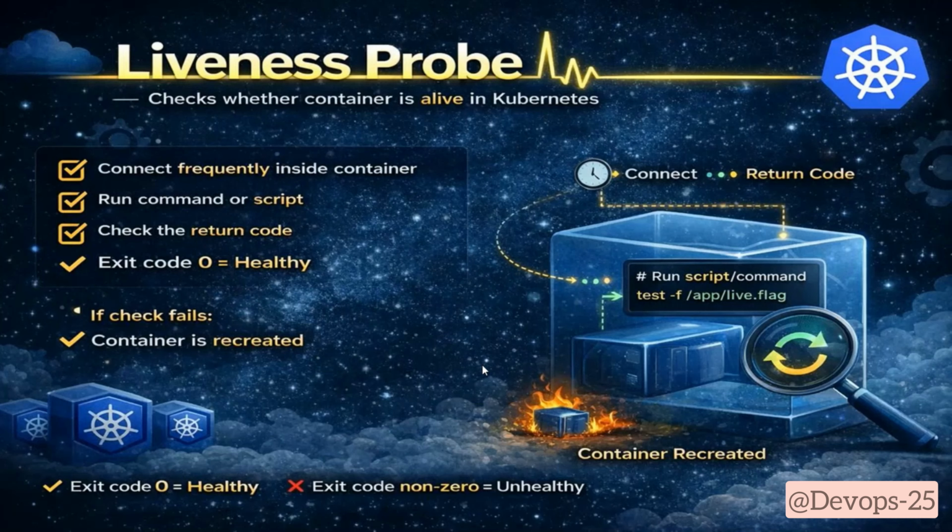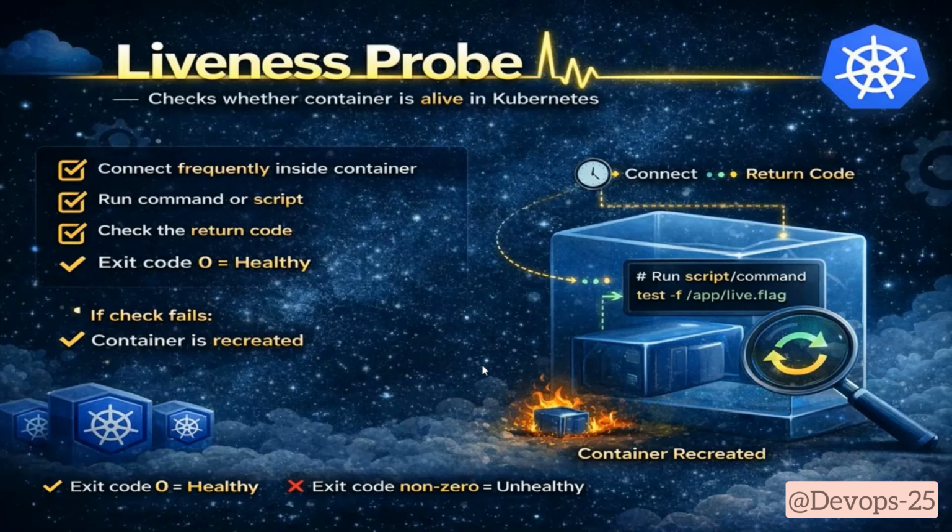Despite the pod showing as running, users start facing issues. So the liveness probe allows Kubernetes to detect this situation. When checks fail continuously, Kubernetes restarts the container automatically. This is called self-healing.